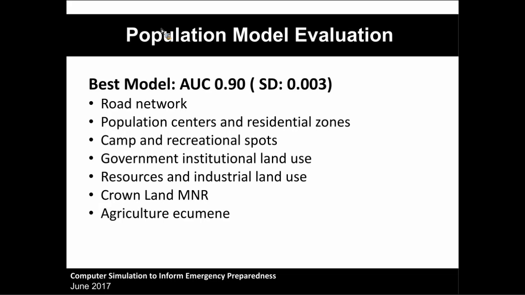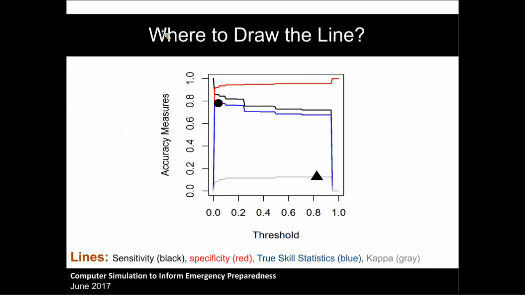It's the accuracy metric that consisted of proximity to road network, away from the population center and residential zones, away from the camp and recreational spots, away from the government and institutional land uses, and away from the crown lands within agricultural equipment. So this combination worked better.